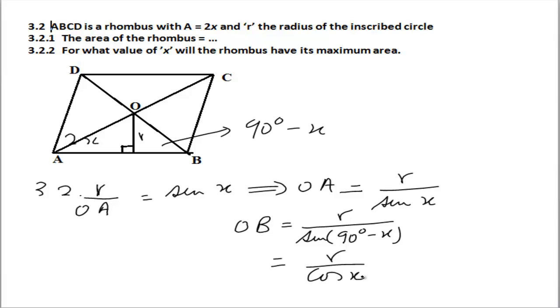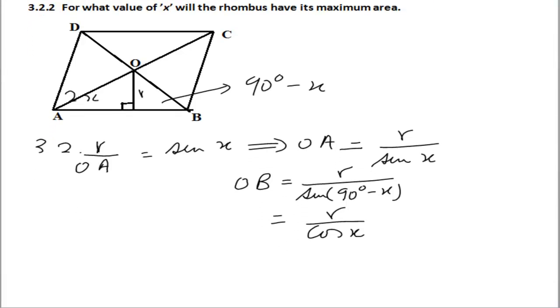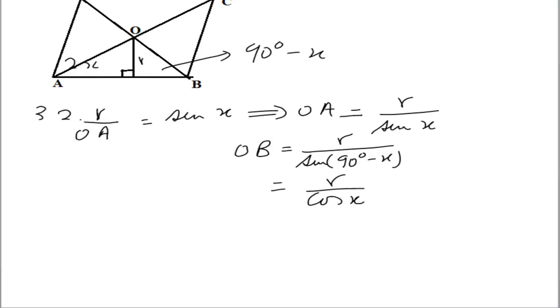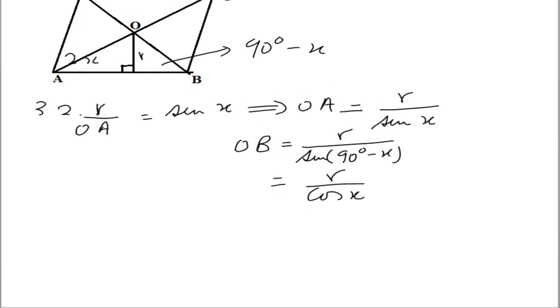So now we are going to find the area. Now all of us know that the area of a rhombus is half the product of the diagonals. So if we take the product of the diagonals, let's make it strategically 2OA times OB.